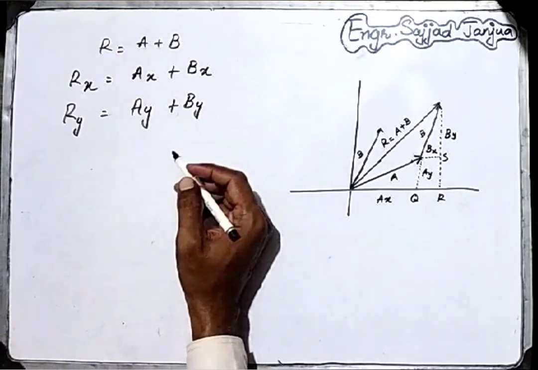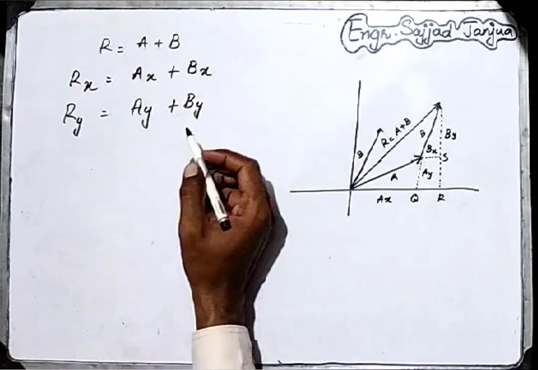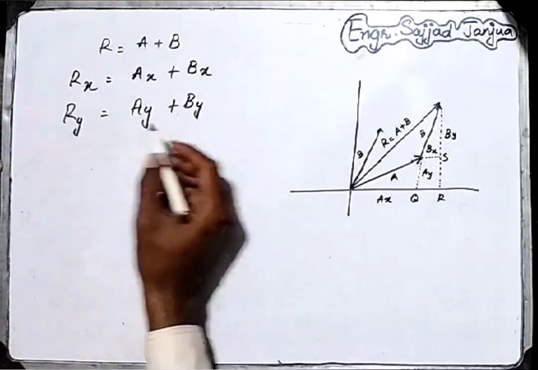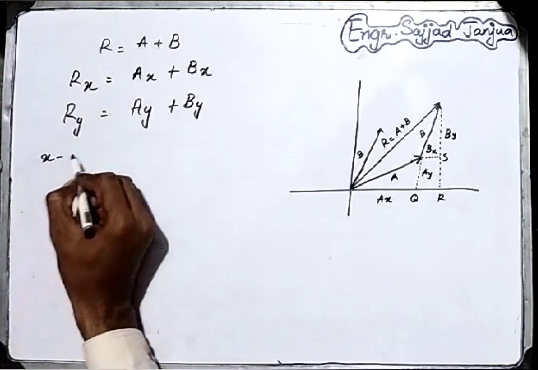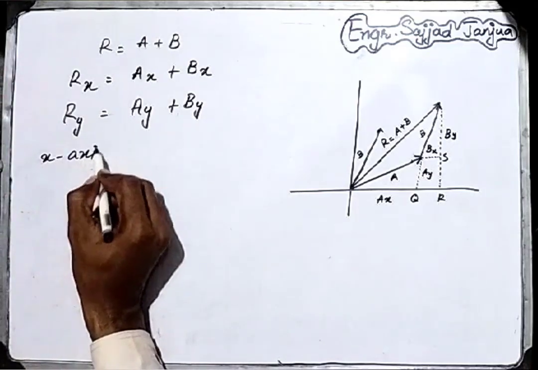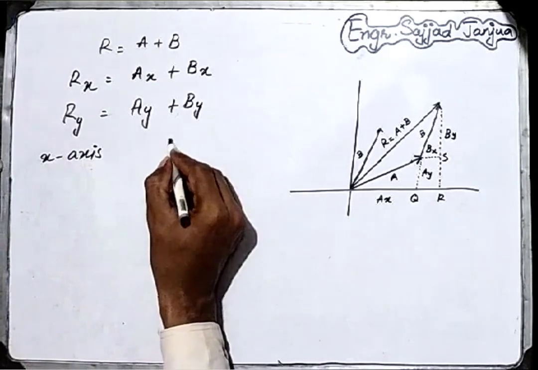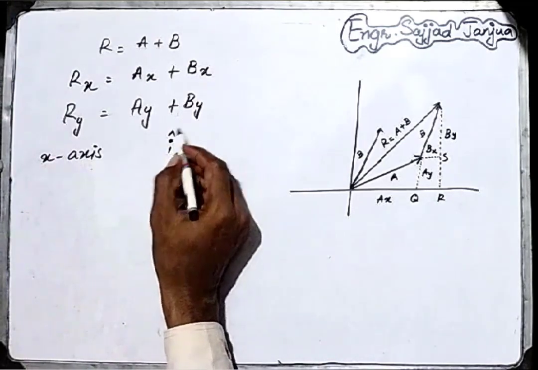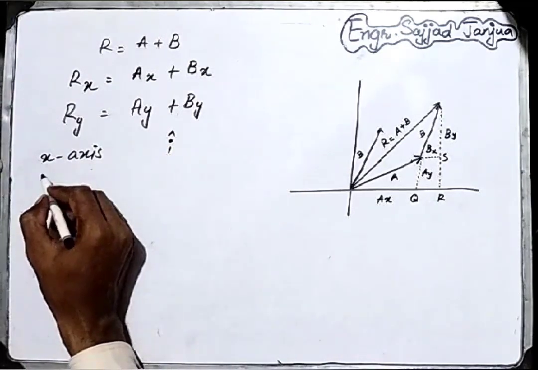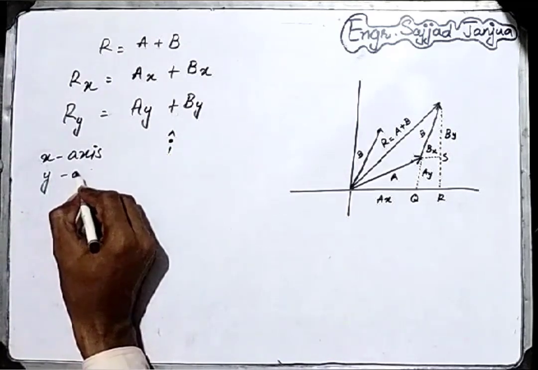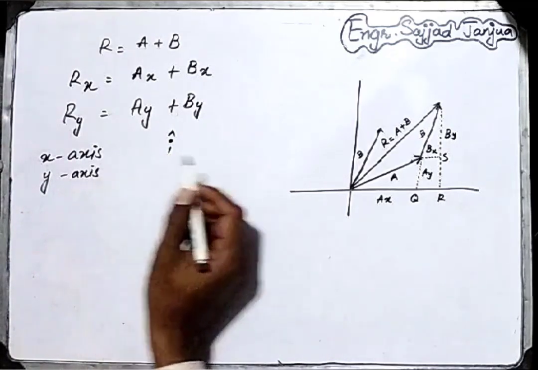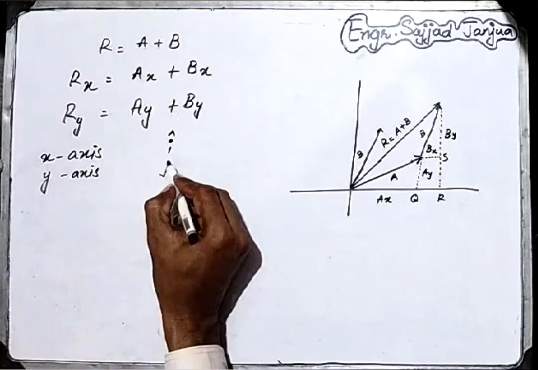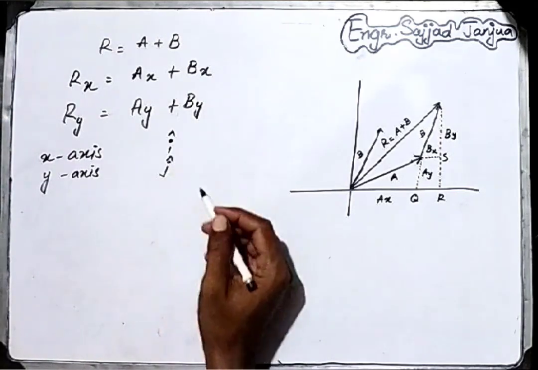Now we will represent these vectors in terms of unit vectors. So for x-axis components, we have unit vector i. This is a symbol to represent the unit vector. And for the y-axis, the unit vector is j.